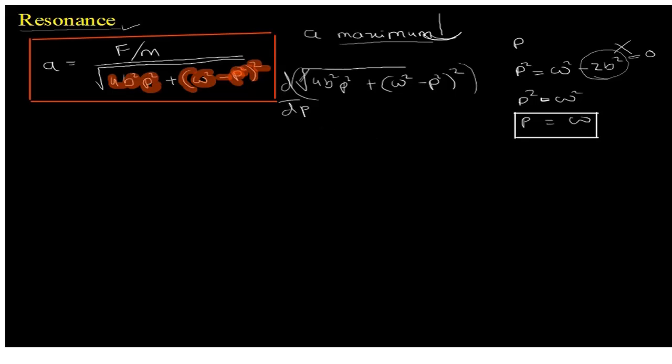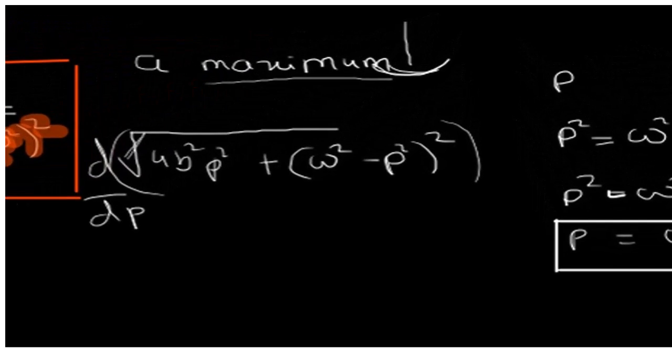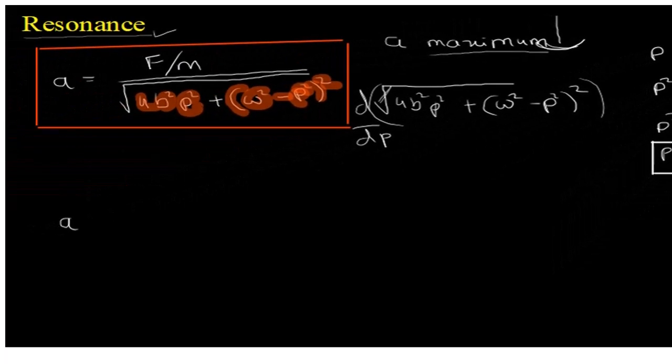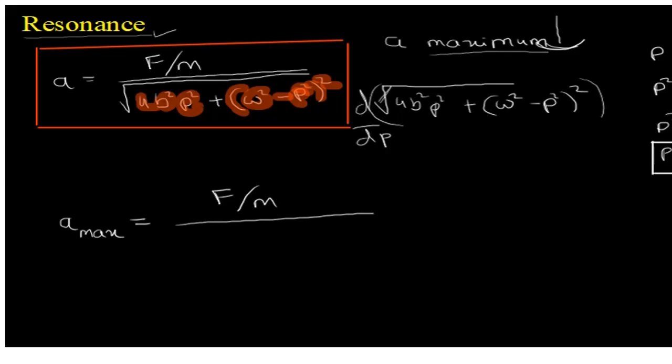Then, substituting into the above amplitude equation, let us write a is equal to, as I said, when the amplitude is maximum the vibrating frequency is highest. So we can write the amplitude must be maximum, then equal to f by m divided by under root, so write down under root 4b square.